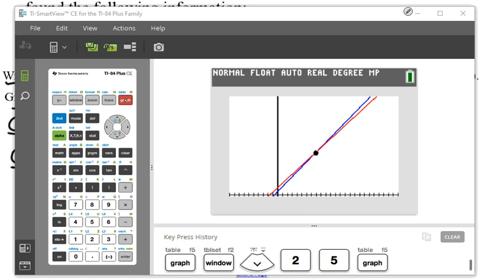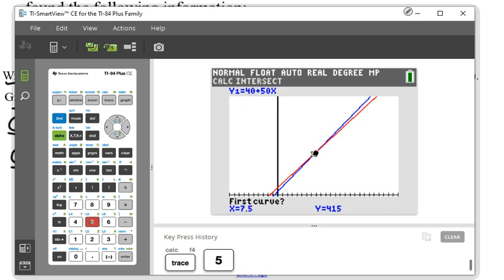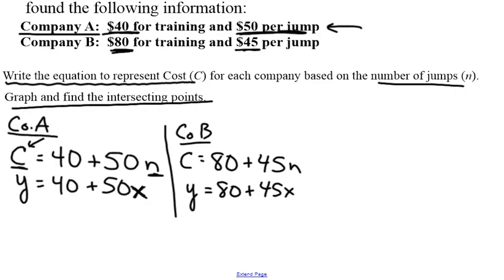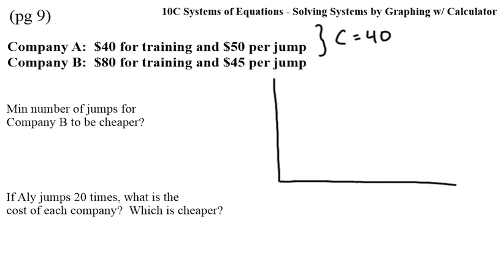So let's figure out what our solution is. Second trace, intersect. We're right by the point of intersection. Enter, enter, enter. We get (8, 440). If I sketch this just to get a visual of it, remember our equation here, cost is 40 plus 50n, and our second equation, cost was 80 plus 45n.